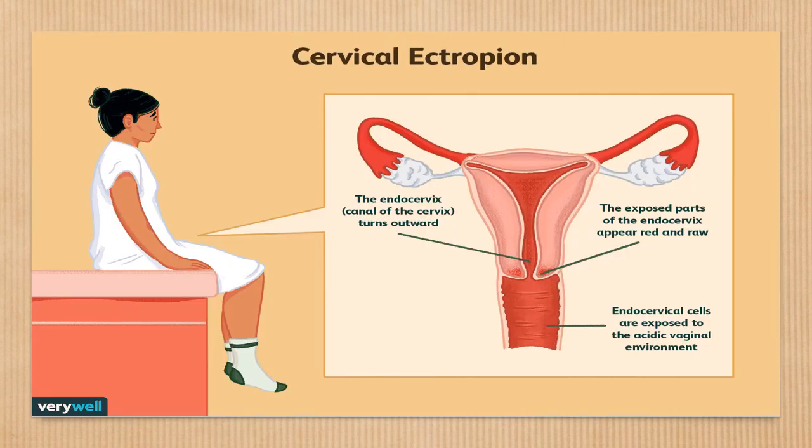Metaplasia is a terminology in which one mature type of epithelium is replaced by another mature epithelium. So this is the endocervix, canal of the cervix.